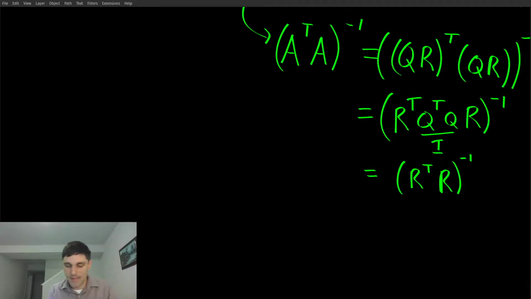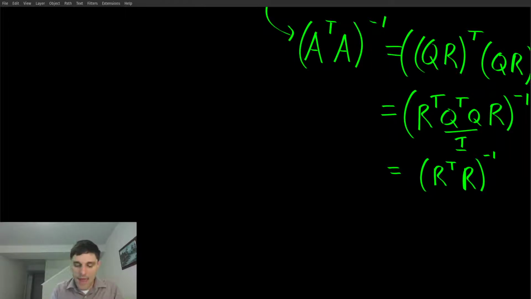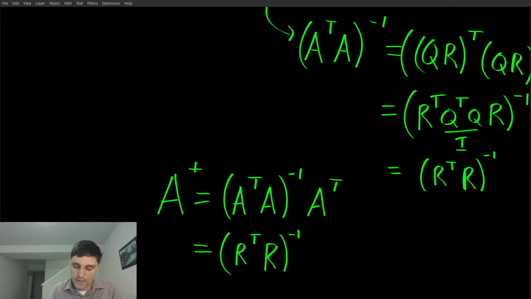Now I'm going to plug that back in over here. A plus, the A pseudo-inverse, is equal to A transpose A inverse A transpose, which is equal to R transpose R inverse QR transpose.